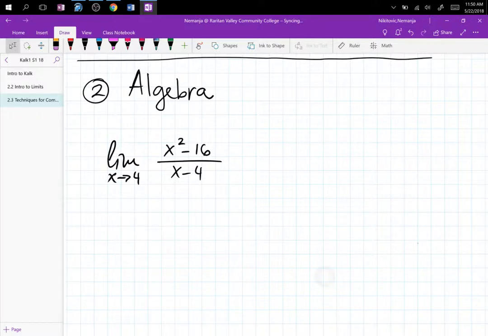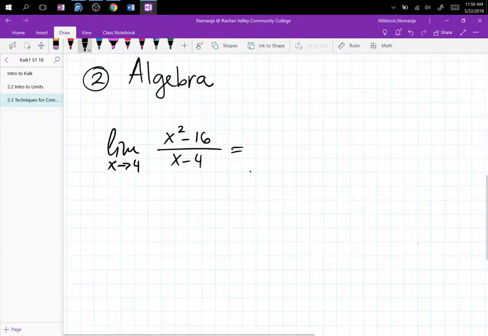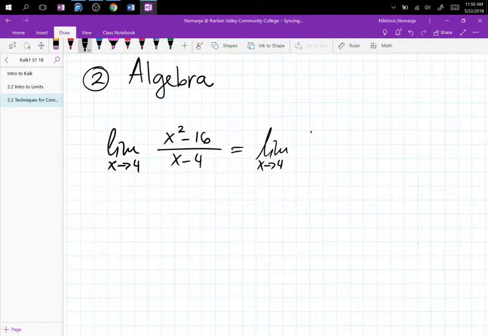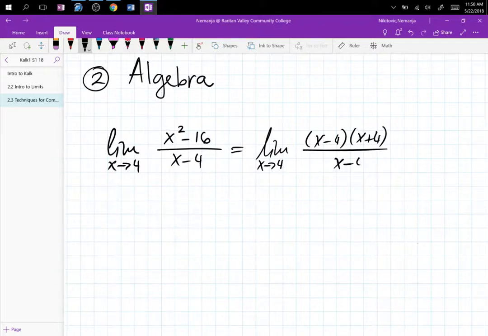Let's solve this problem. Don't we know something from algebra that we can apply in the numerator? What can we do? Factor it, thank you. x minus 4, x plus 4, divided by x minus 4. Now these guys cancel.